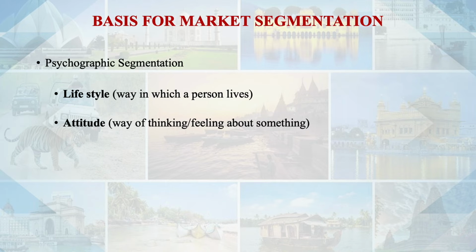Then another dimension of psychographic segmentation can be attitude, which is simply the way of thinking or feeling about something. Then there can be value system, meaning what is good or what is important. The definition of good and important can be different for different persons, so that can be the basis for market segmentation.